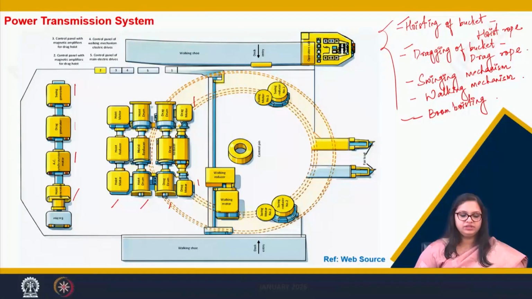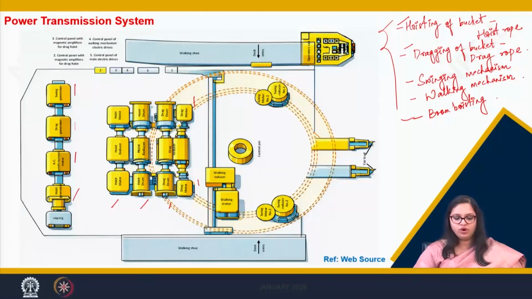About this part in detail, Professor Rautray will also be discussing the deck layout, and he will be explaining how the power transmission happens from the different electrical components that are housed on this deck. I am only talking about the mechanism part.